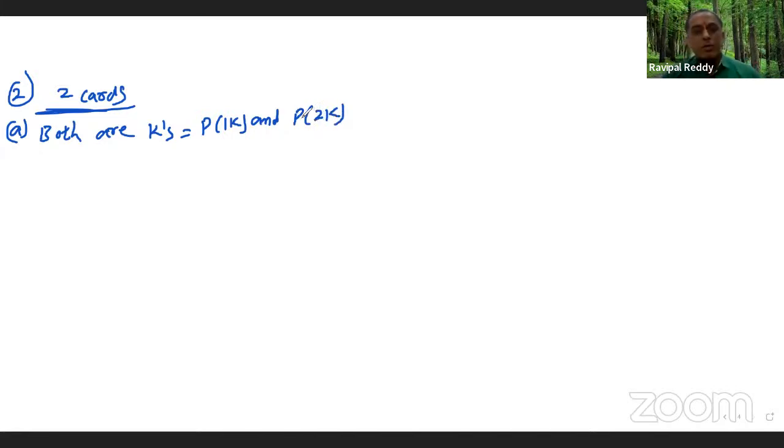So what is the probability? We are taking 2 cards. How to take the 2 cards? First take 1 card, then take the next card. So first card king probability: how many kings are there in a pack? 4 kings, by the total number of cards 52, into, because the word and is there.